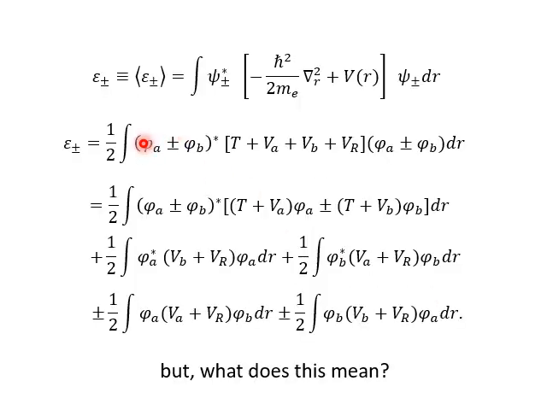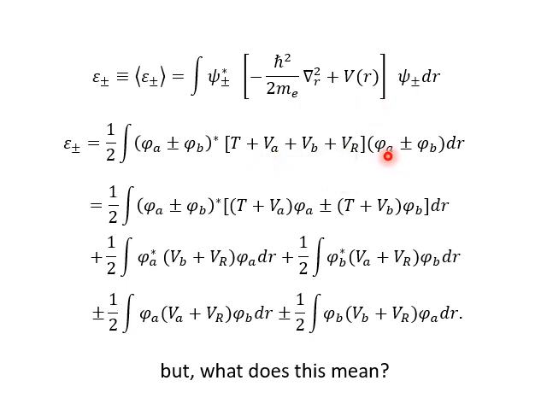This one's a bit of a mess, but it's not all that bad. We're going to find the total energy for the system, and so we're going to calculate the expectation energy for the even case and the odd case. So we're going to put even wave function and odd wave function in here, and then calculate the expectation value of the energy using the Hamiltonian.